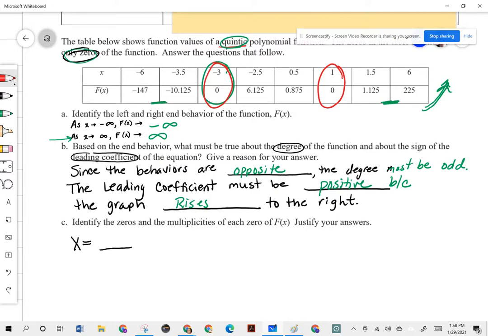So let's start with x equals -3. All right. So we have x equals -3. And if we look, you are going from negative to positive. Okay. So we only have these two. So we know that x plus 3 is a factor. And it's got to be a multiplicity of 3 because, hold on just a second here.